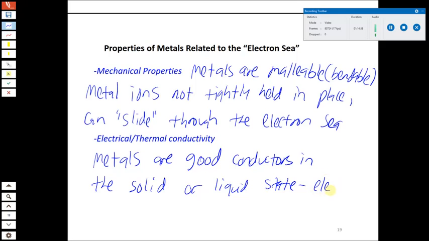And especially for electrical conductivity, it's pretty obvious why. It's because the electrons are mobile in metals. So because we have these loosely held valence electrons that are delocalized in the metallic structure, passing electrons through a metal is relatively easy to do because they can just move through that sea of electrons, move through that structure without much impediment to doing that.